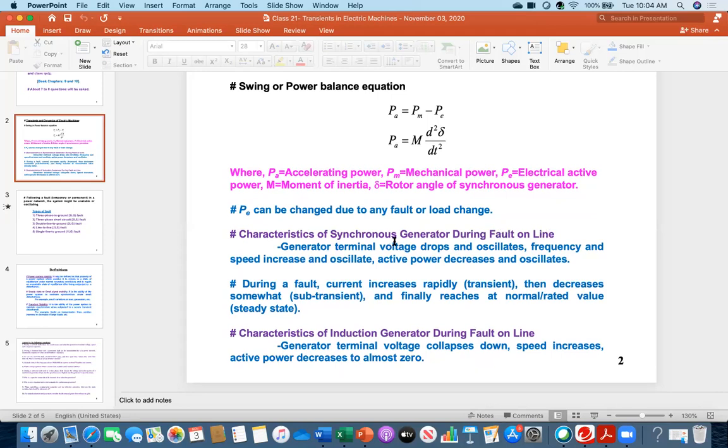This means that your generator is connected to the system, to the line, and a fault happened on the line. How will the synchronous generator behave? Then you see what I have written. Generator terminal voltage drops and oscillates. Frequency and speed increase and oscillate. Active power decreases and oscillates.